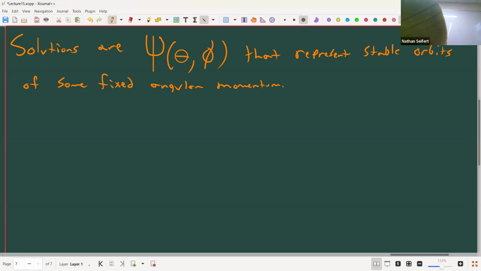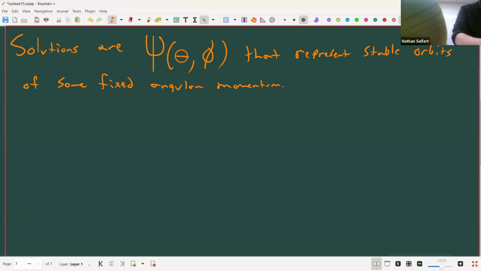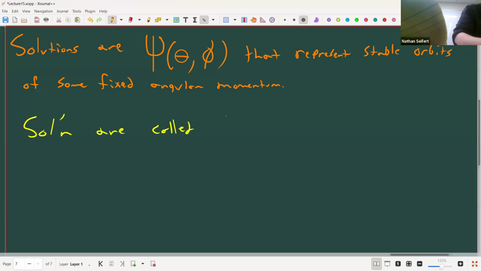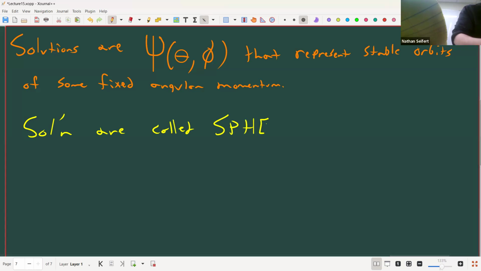And these solutions have a very special name. The solutions are called spherical harmonics.